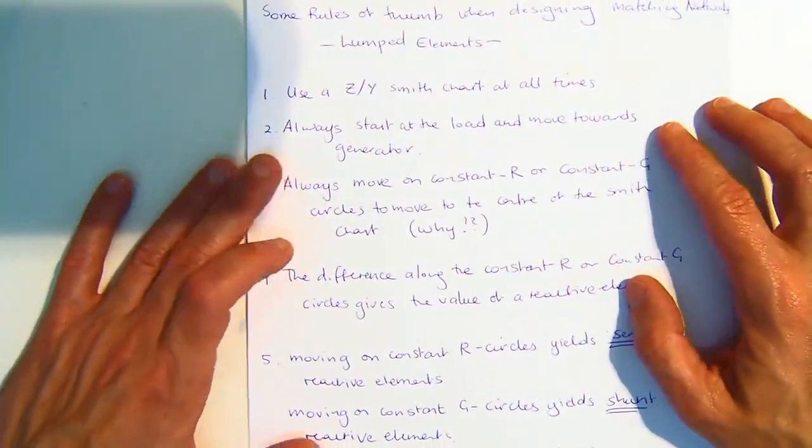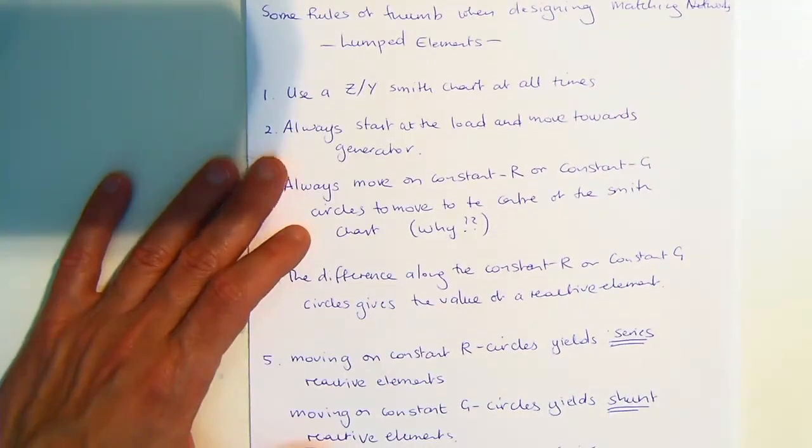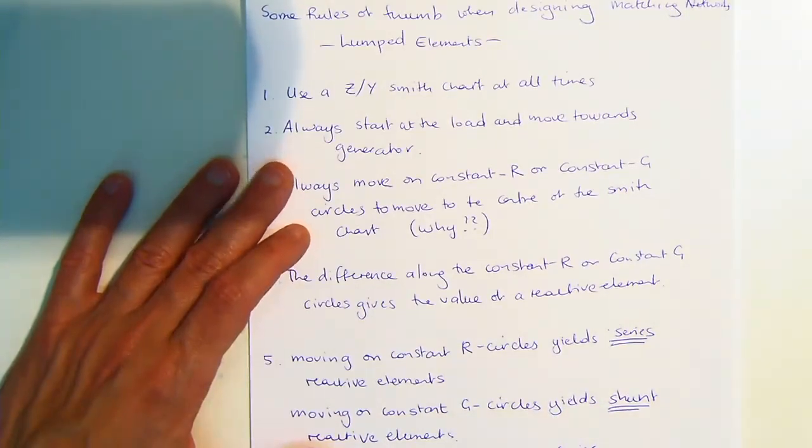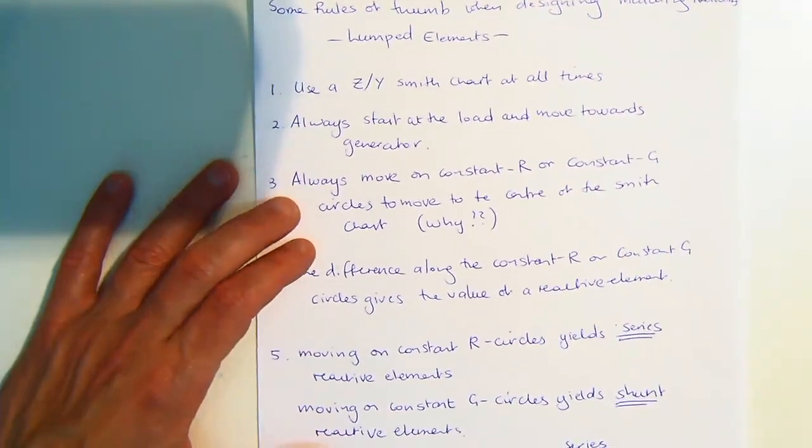Now, the other rule that's important, even for lumped components, because it causes some confusion because it's a lumped component. People say, what does it all mean? Moving towards a generator, moving towards a load. When do I do what? The second rule I would say is always start at the load and move towards the generator.